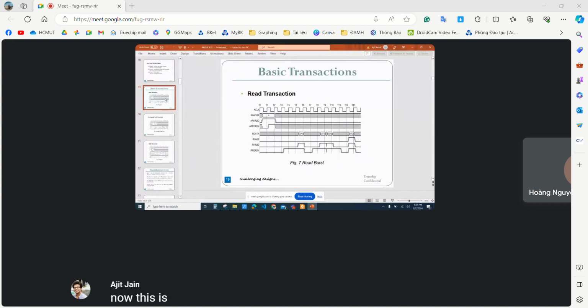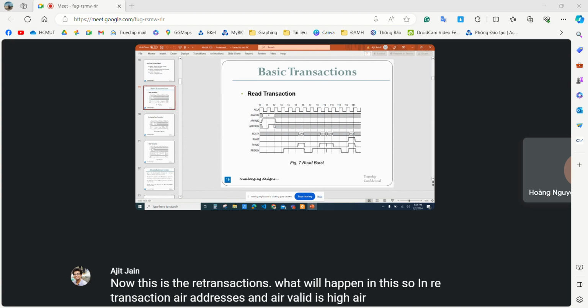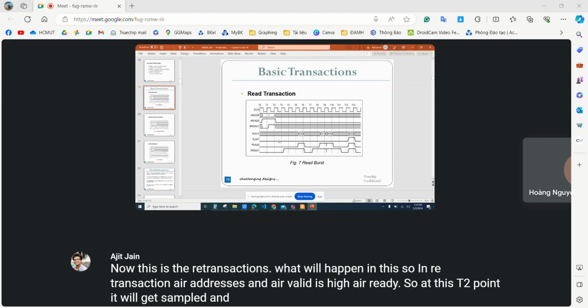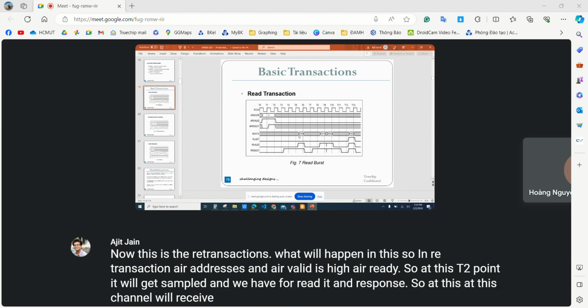Now this is the read transaction. What will happen in this? In a read transaction, the AR address is sent, AR valid is high, and AR ready. At this T2 point, it will get sampled, and we have one channel for read data and response. On this channel, we receive data and the response from the slave.